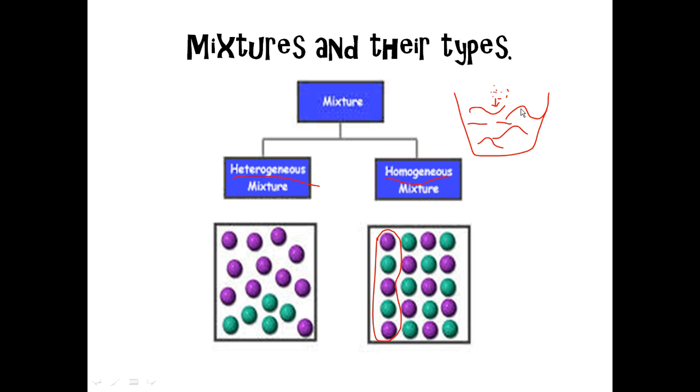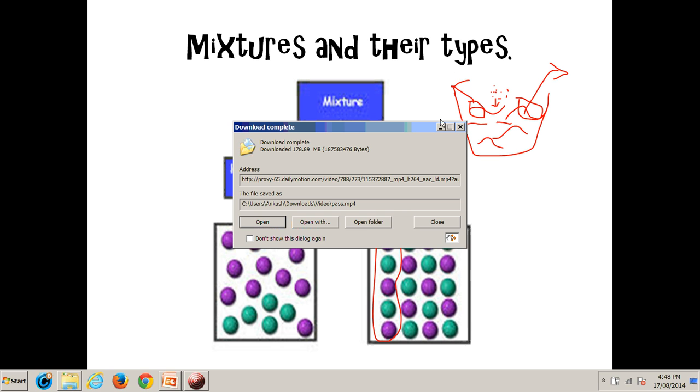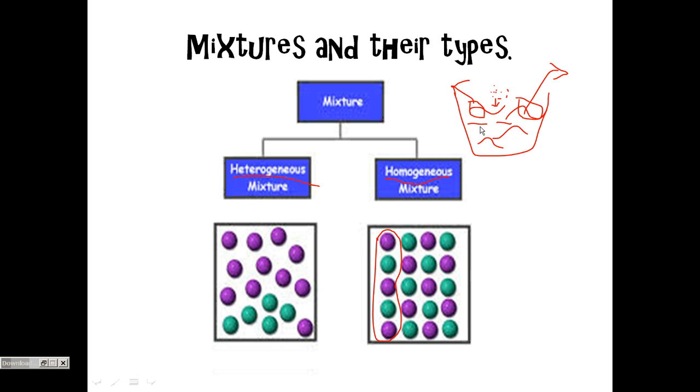Now if you take out a small part of water and observe it under a microscope, and again take another small part of water and examine it under a microscope at very high magnification, what you will see is that there is a specific amount of salt molecules present for every specific amount of water molecules.